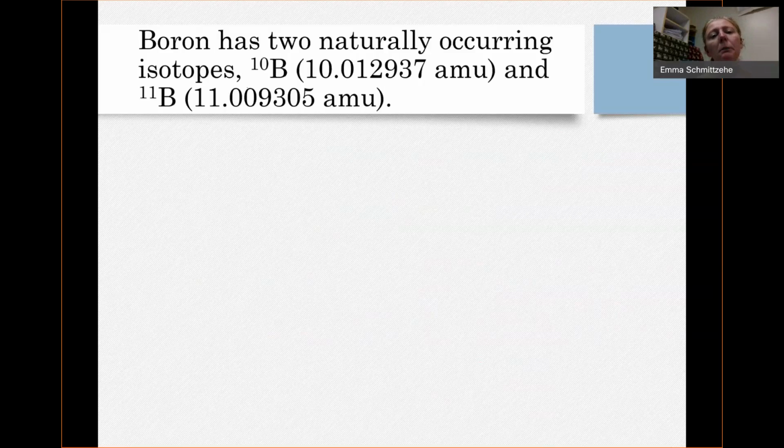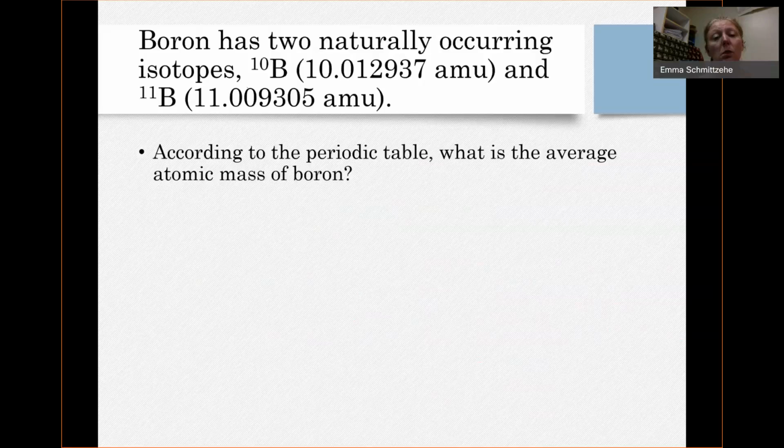But here I tell you, there's the 2 isotopes, boron 10 and boron 11. And I also give you their atomic masses in parentheses. And I want to know, according to the periodic table, what's the average atomic mass? So this, of course, would require you to have a periodic table in front of you. I don't have one on the screen, but I have one right behind me, so I can look.